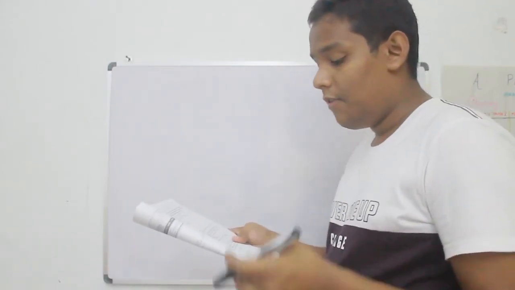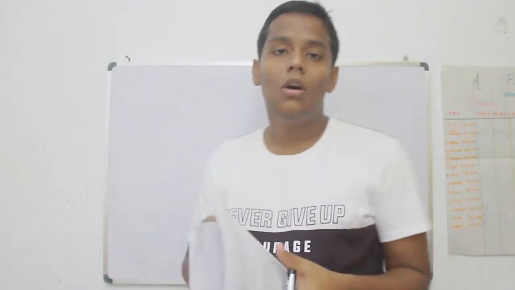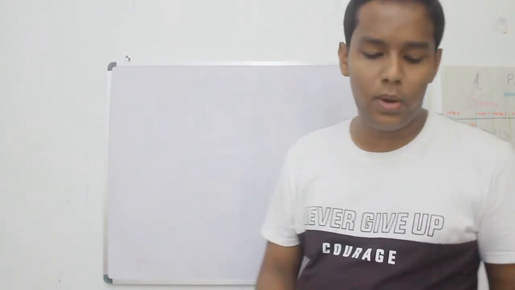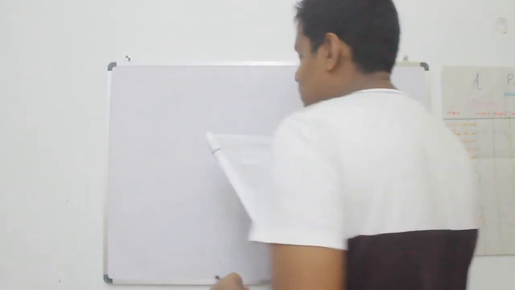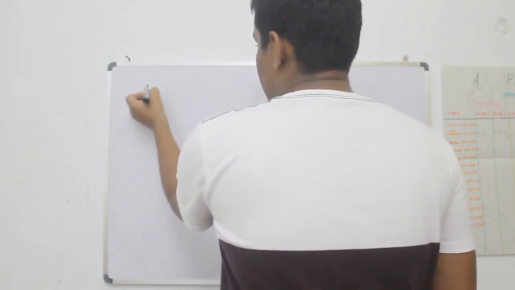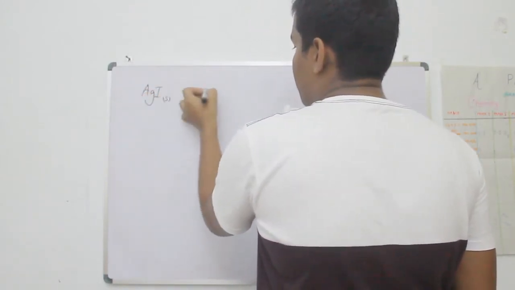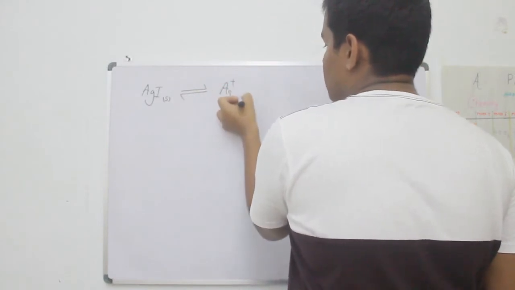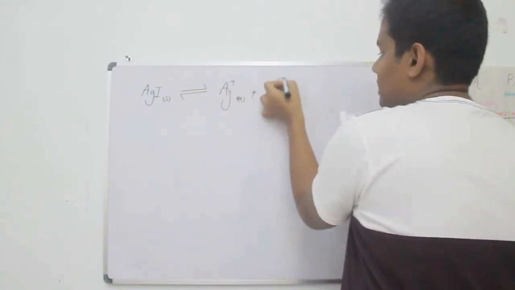Ksp of AgI is given, and Ksp of AgBr. We will find these one by one, separately for AgBr and then separately for AgI. But as per the question, both the solids are there at equilibrium. Now I am writing the Ksp expression, first for AgI. AgI solid reversibly gives Ag plus aqueous plus I minus aqueous.